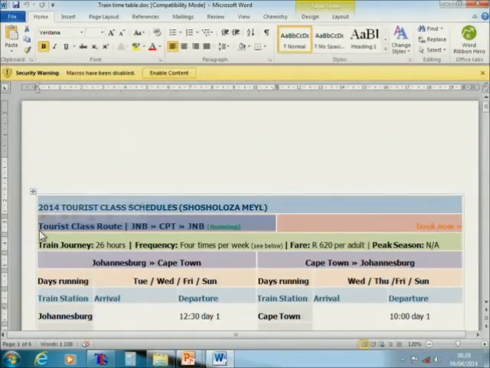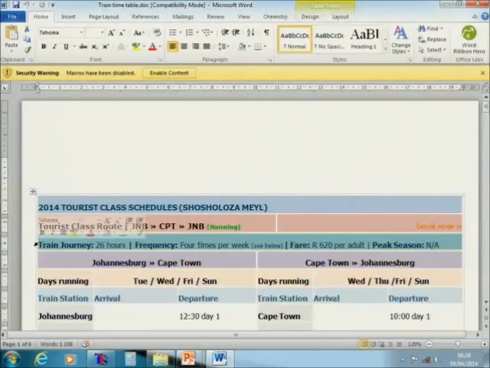We have two kinds of tickets. A single one means you only go to Cape Town, and then when you are in Cape Town you have to buy a new ticket to come back. But this one has included everything. You go and then you come back using the same ticket. So this timetable means that.